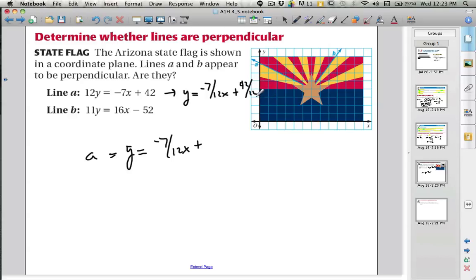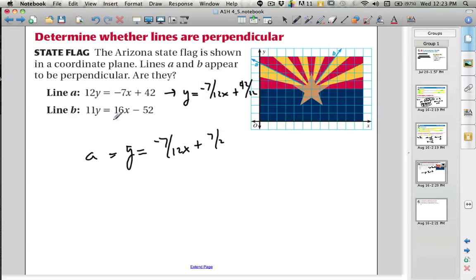Well, I could take a 3 out of each of them, so that would be 14 over 4. Sorry, that means I could do even more. 14 over 4 would be 7 over 2, right? So I factor a 6 out of each, so I get 7/2.